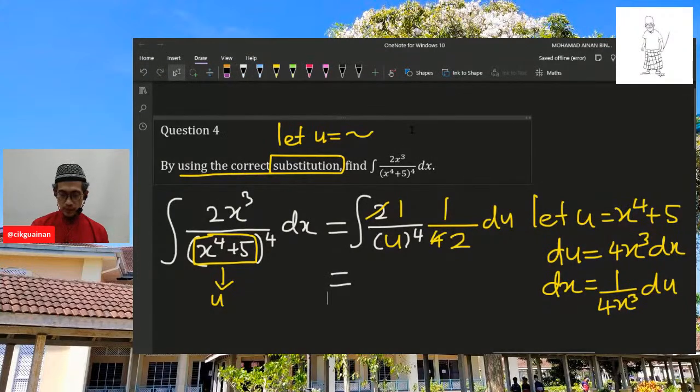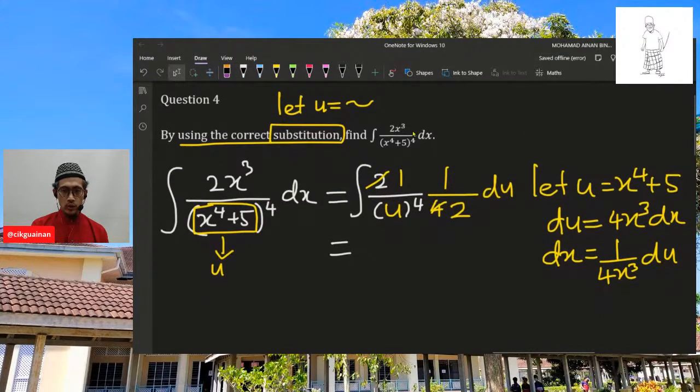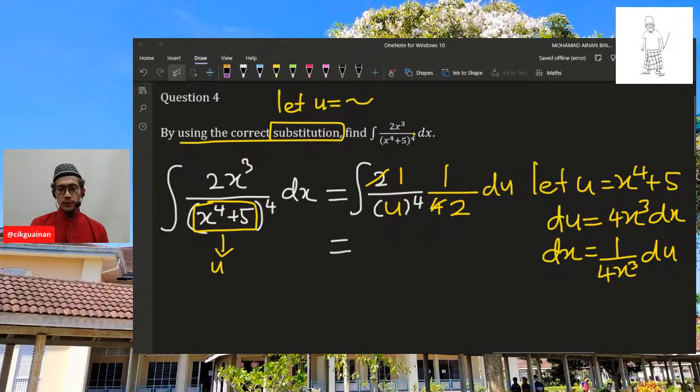Sorry, this one cannot scroll anymore. Now, 1 over 2 is a constant. We can put the constant outside of the integral sign, and what's left is 1 over u power 4. 1 over u power 4 we can rearrange to become u power minus 4 with respect to u.